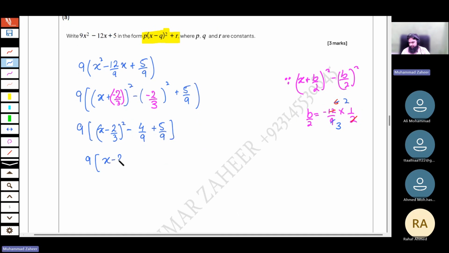Now x minus 2 over 3 whole square as it is, minus 4 over 9 plus 5 over 9. That will be equal to 5 minus 4, which is 1 over 9.